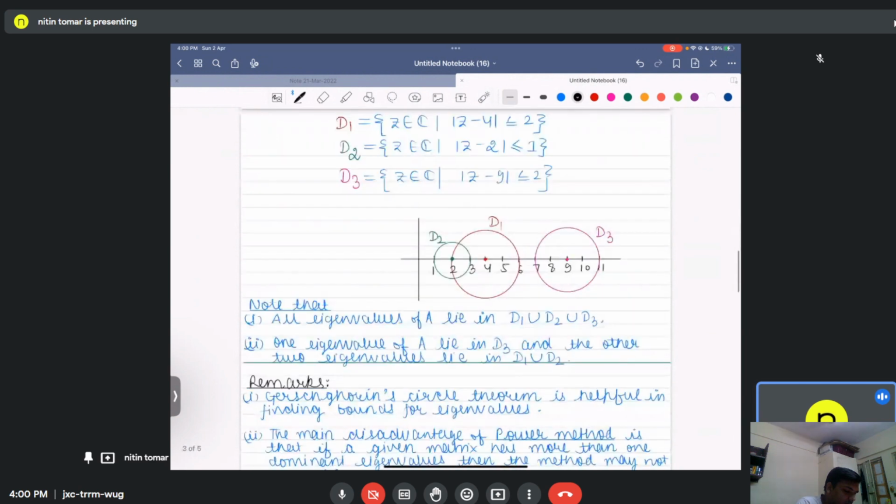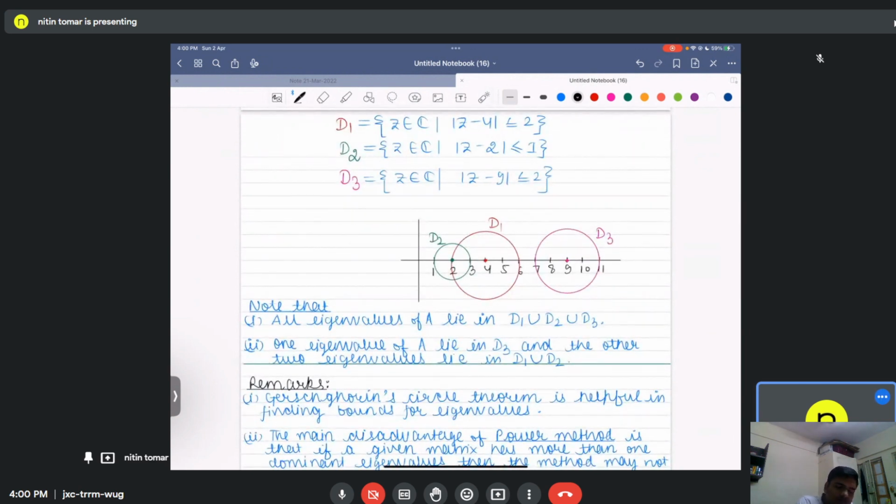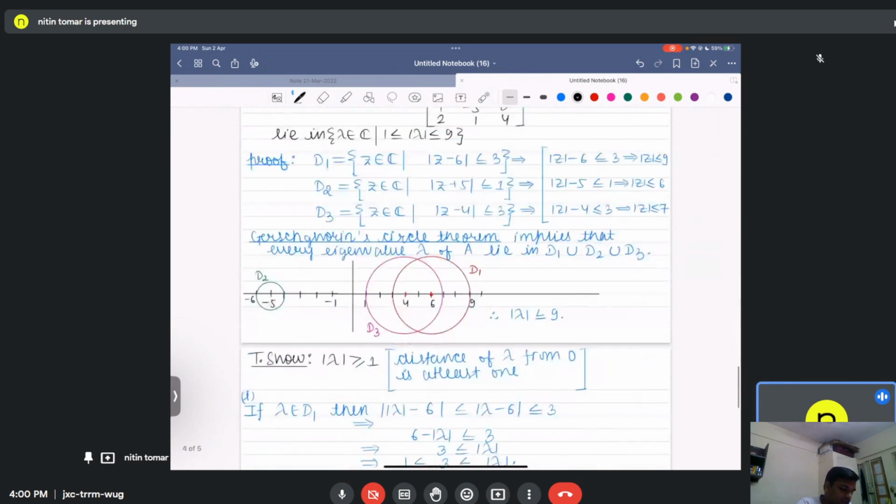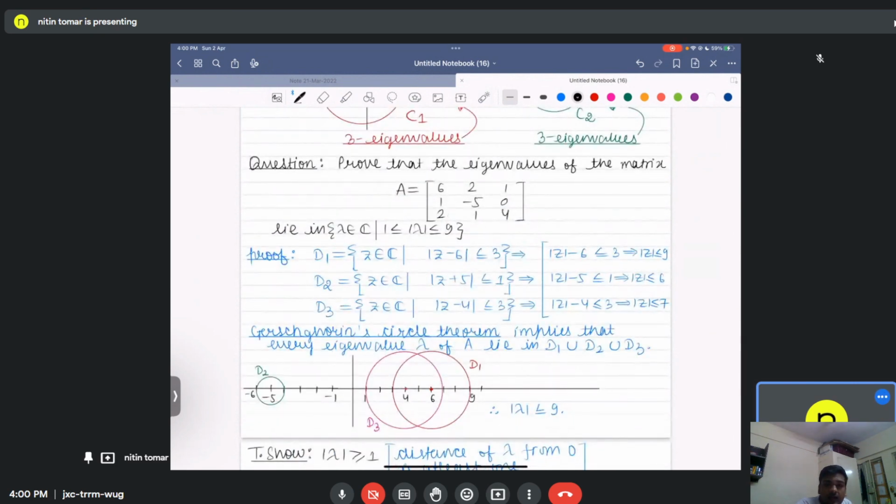All the eigenvalues of A will lie in the union of the Gershgorin disks. Then we saw the Gershgorin circle theorem for A transpose, and saw some examples that the eigenvalues can be restricted to an annular region. This annular region is obtained by applying the reverse triangle inequality on the Gershgorin disk.